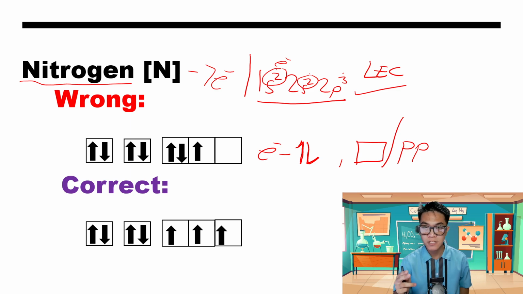Now, Hund's rule states that in order to fill out all these orbitals, we have to fill all of them one by one with each individual electron before we go on pairing another electron within a single orbital. Think of it this way.